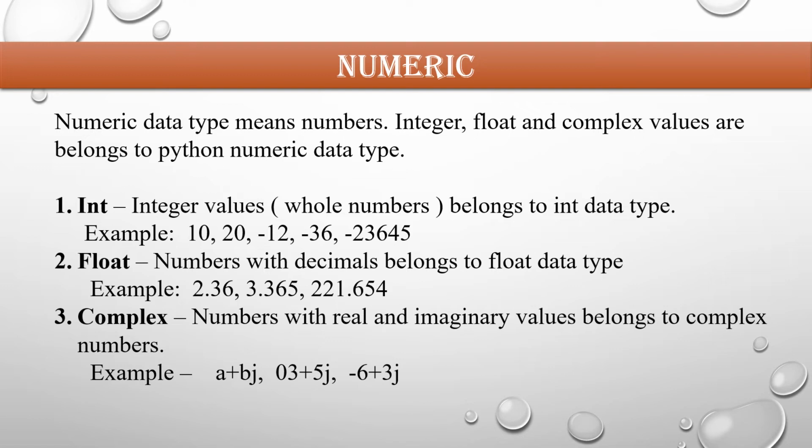Next, complex. We already know complex numbers; we studied them at school level. Numbers with real and imaginary values belong to complex numbers. For example, in the form of a + bj, numbers are called complex numbers.